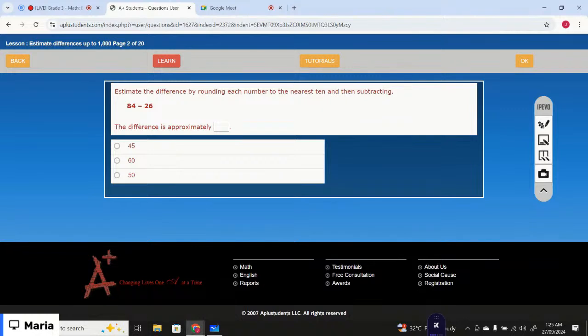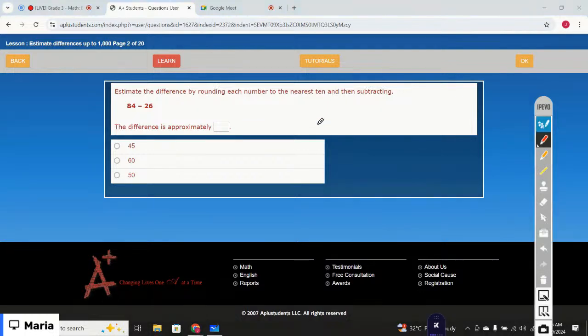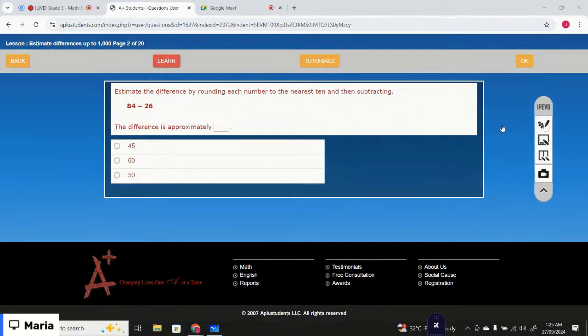The correct option is 80 minus 30. 84 is rounded off to 80 and 26 is rounded off to 30. So 80 minus 30 is 50. The correct option is 50. Option number 3 is the correct option.